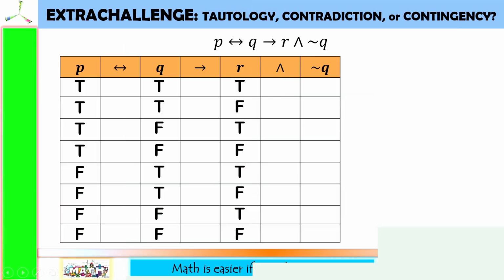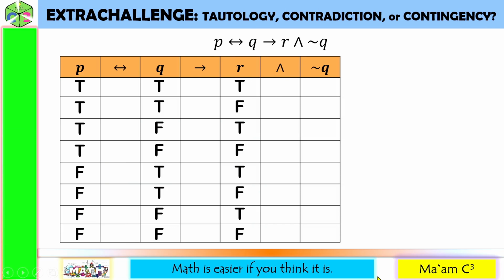Let us do an extra challenge. Let us determine if this is tautology, contradiction, or contingency. I'll use another technique for this one. So what do I have here? I have P if and only if Q implies R and not Q. Since I have one, two, three distinct propositions, I am going to need 8 rows. 1, 2, 3, 4, 5, 6, 7, 8.